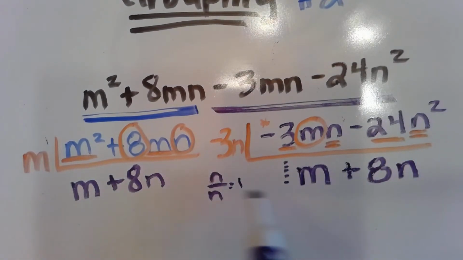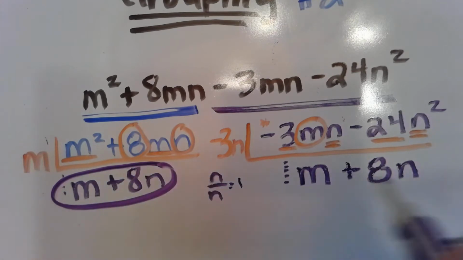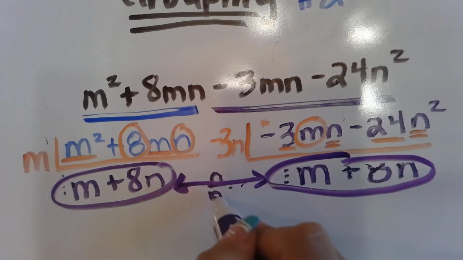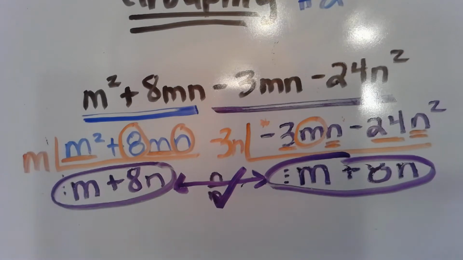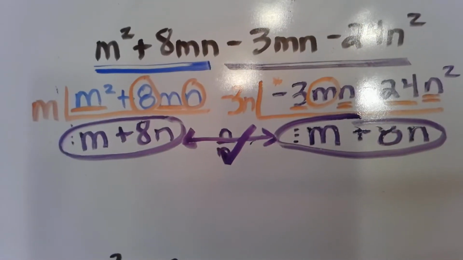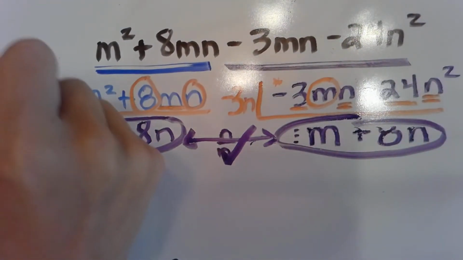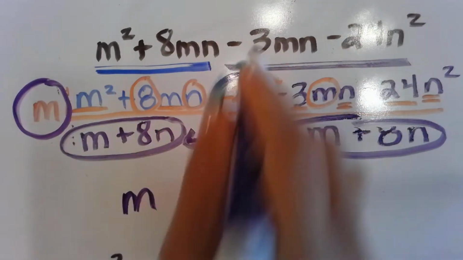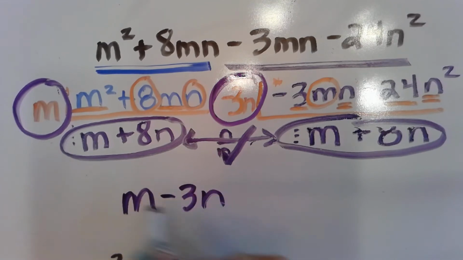And if we look at these two, they are the same because this one would essentially have that imaginary 1 here. So these two do match, so we are on the right track. So let's go ahead and write our final answer. We need to make sure we have this m here. So m minus 3n.